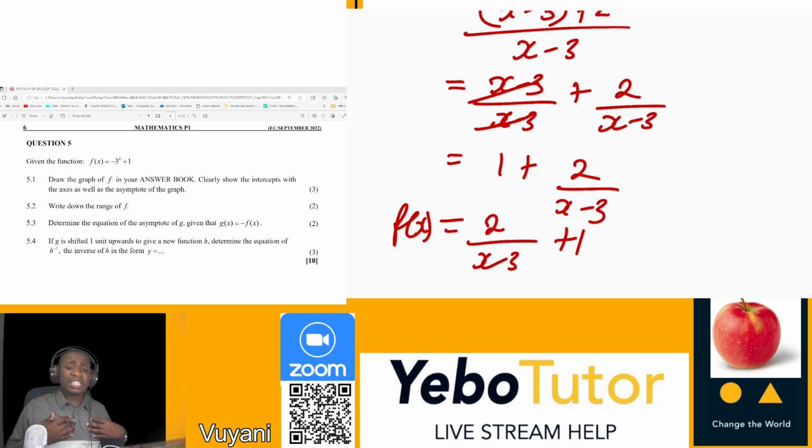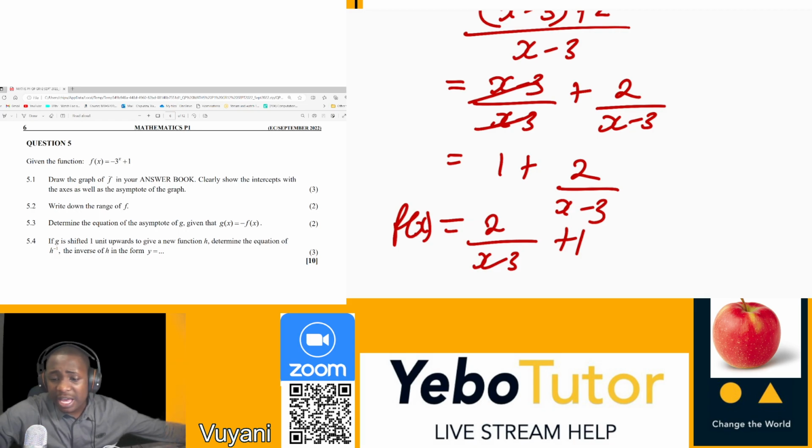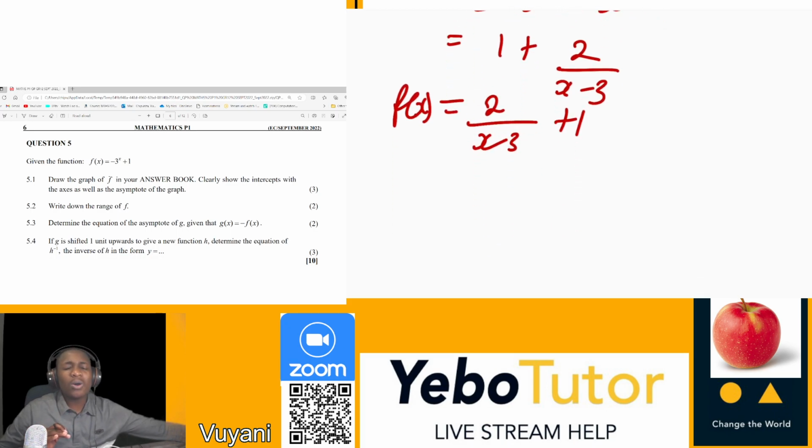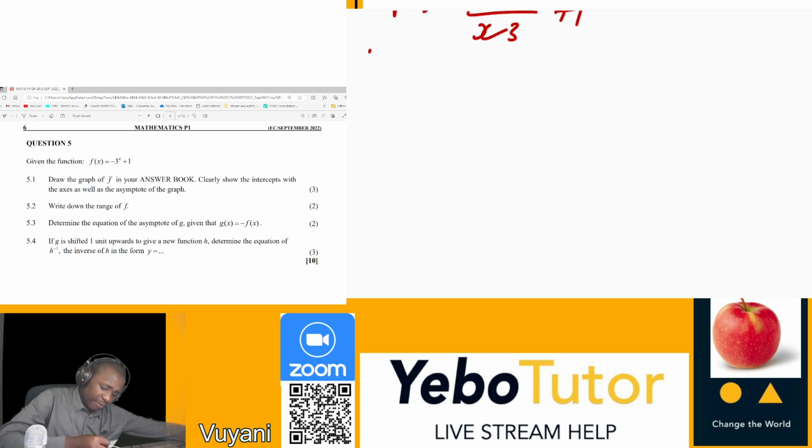Now, given the function f of x, we're on question number 5. Given the function f of x is equal to negative 3 to the power of x plus 1. What's the name of that function? It's an exponential function.